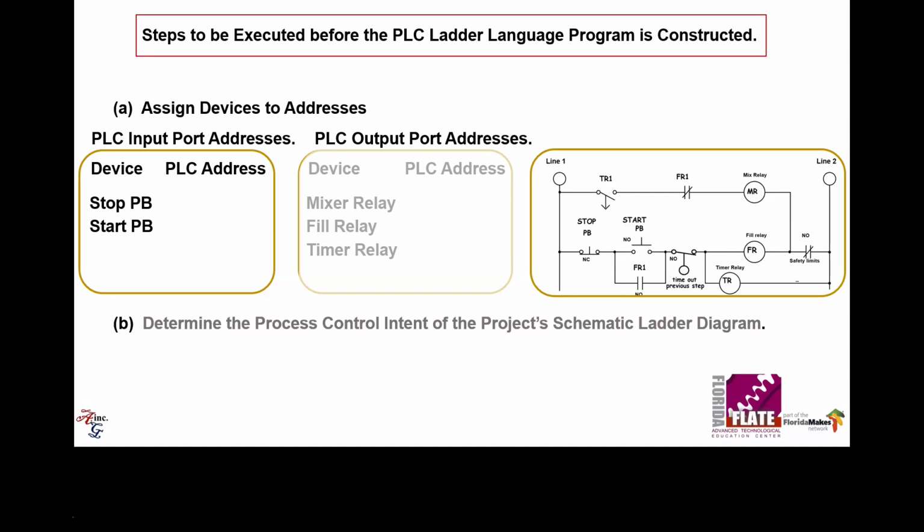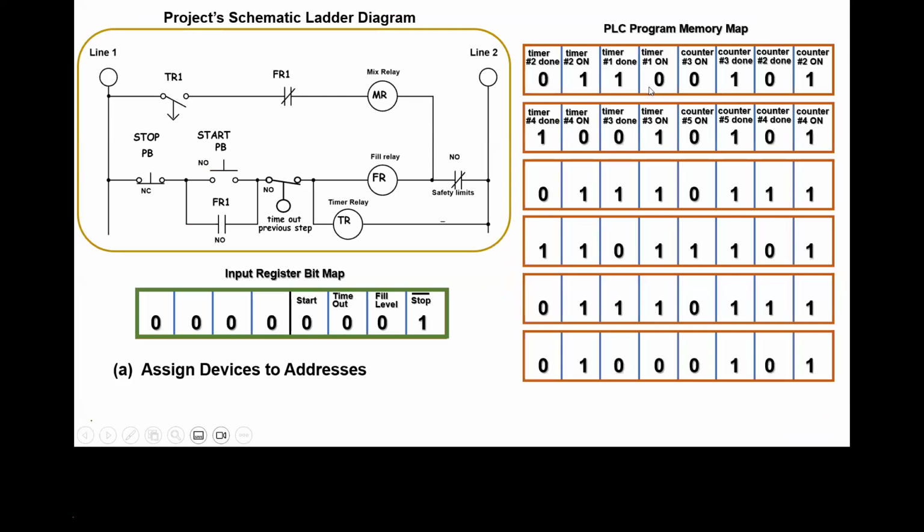The first step is to assign the addresses. The second step is to work out what they mean. So we'll go through that as we go along. So now we're looking at address assignment, and the addresses have been assigned.